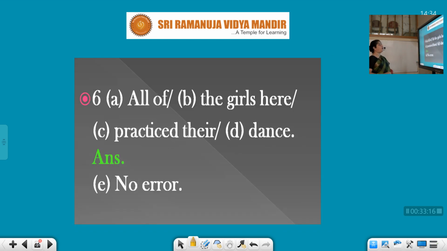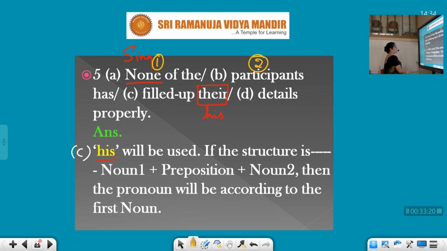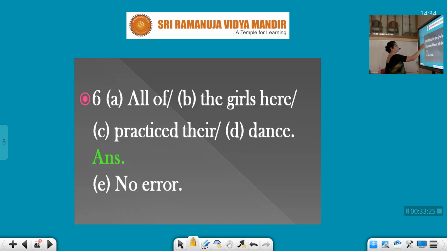Next one is all of the girls. So a contrast question. Can you see? None is singular. All is plural. All of the girls here practiced their dance. I was telling you students, whenever you see a pronoun, don't consider that it is wrong and write the opposite one.